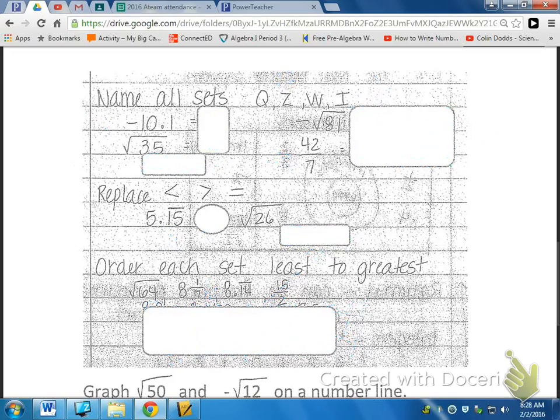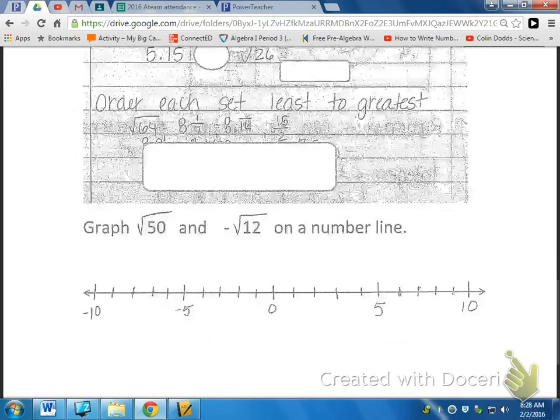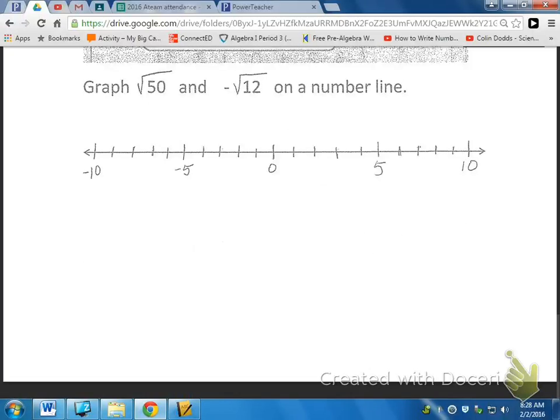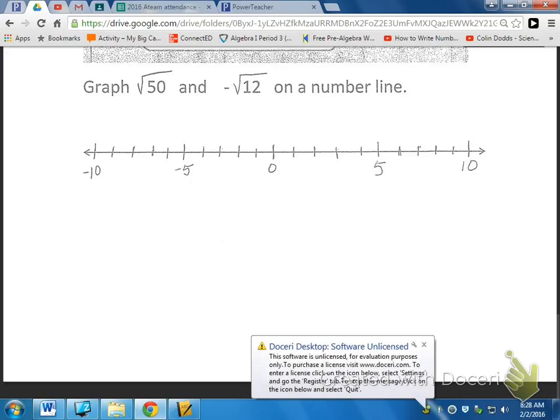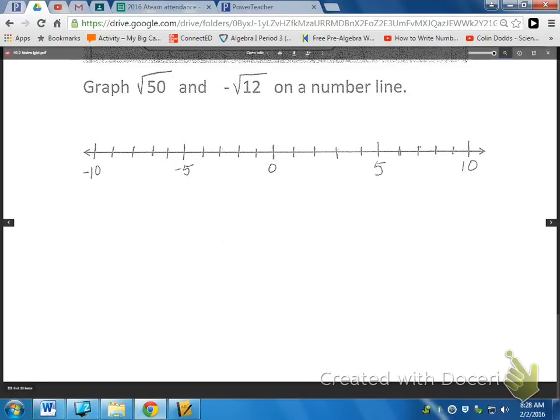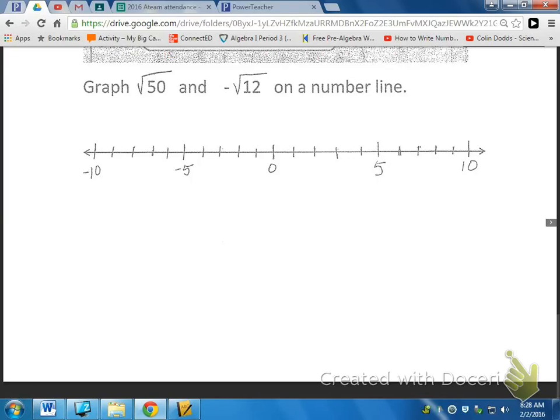We're going to look at one more thing. This is kind of from the newer standards that we had last year. Graphing radicals on a number line. And you're supposed to do this without a calculator. So do you remember our list yesterday of perfect squares? Okay, so we need to think about the square root of 50 and where the square root of 50 would fit in our list of perfect squares. Does anybody think of one? What it's close to?